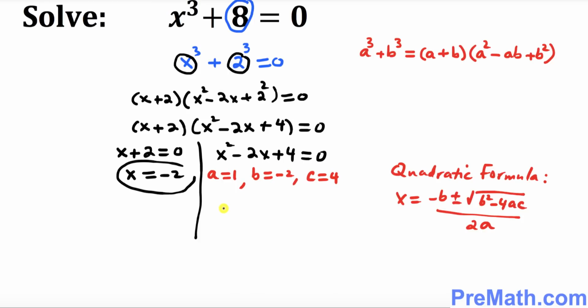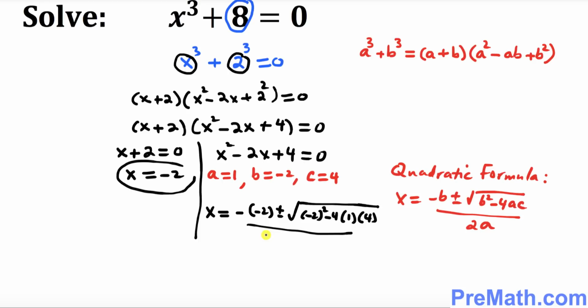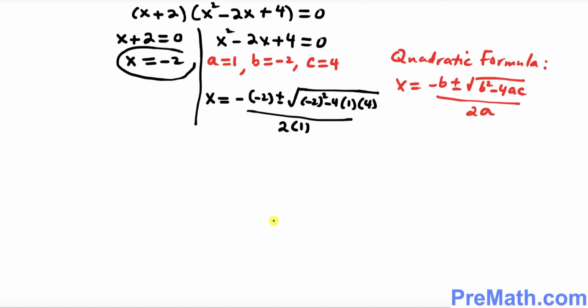So that means x is going to be negative b, which is negative 2, plus or minus the square root of b squared, which is negative 2 squared, minus 4 times a, which is 1, and c, which is 4, all divided by 2 times 1. Let's go ahead and simplify it.